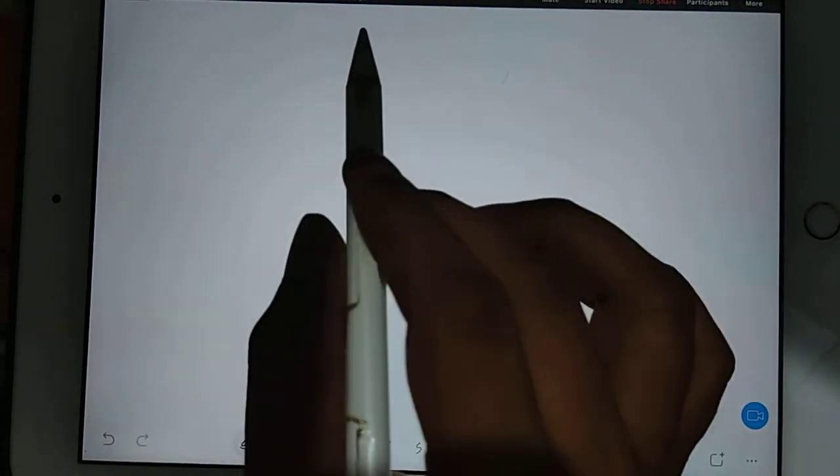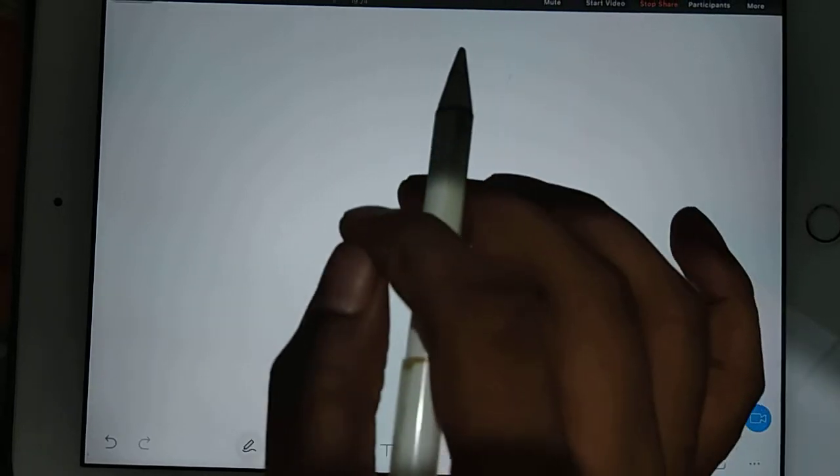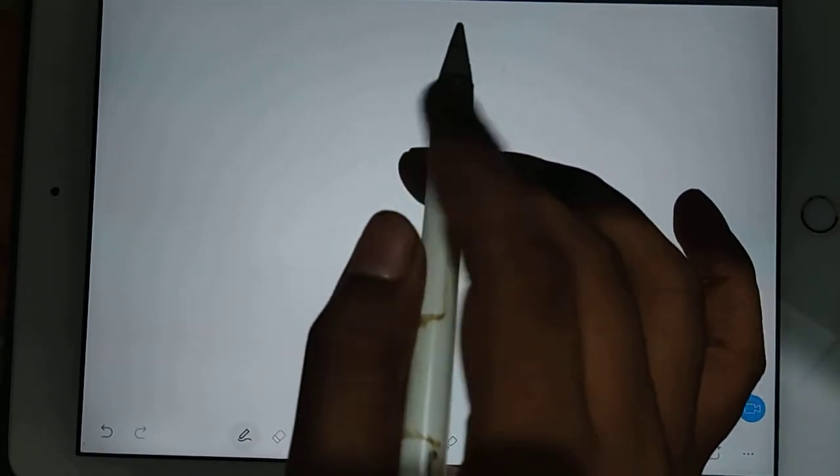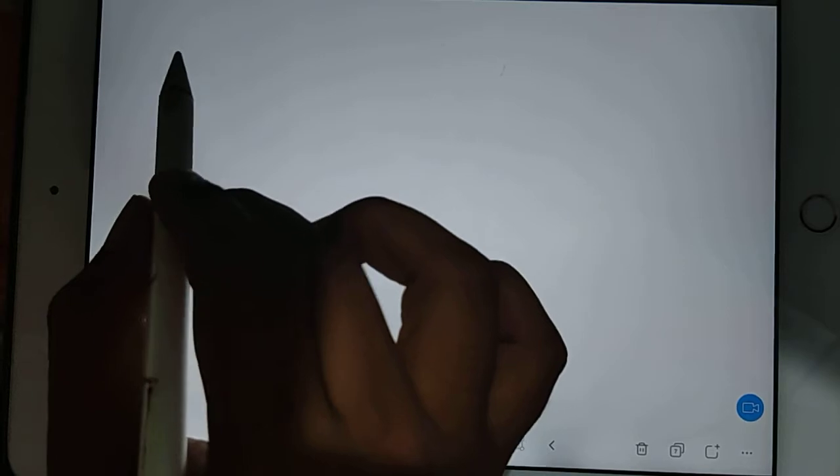So now let's start one small question, and let's see whether you are able to catch the question. I will just write the question.